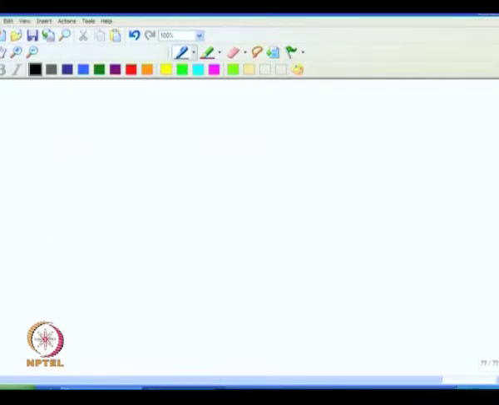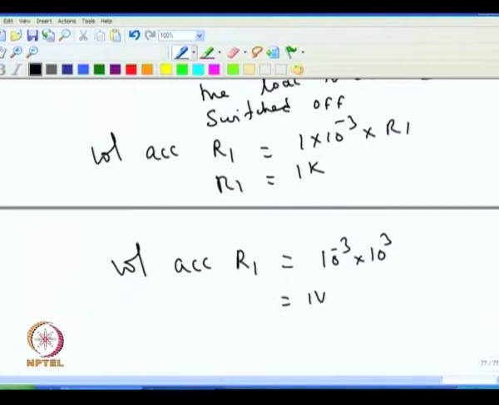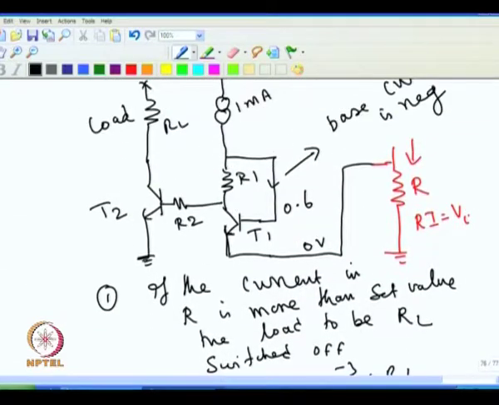Then the voltage across R1 is 1 milliampere into 1K, which is equal to 1 volt. So, at any given time the voltage across R1 will be 1 volt. This is what we have decided first.